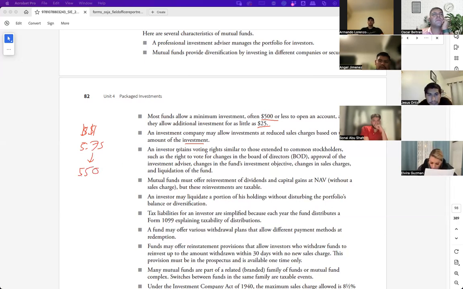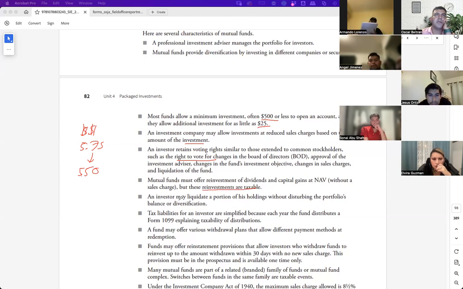An investor retains voting rights similar to those extended to common stockholders, such as the right to vote, change the board of directors, etc. Mutual funds must offer reinvestment of dividends and capital gains without a sales charge. These remain taxable.